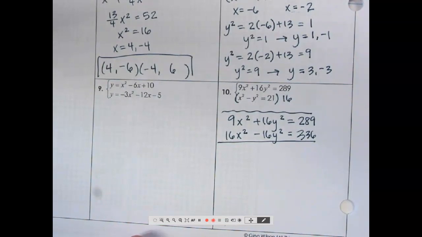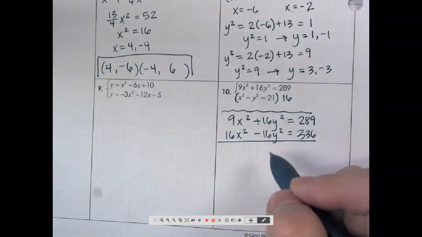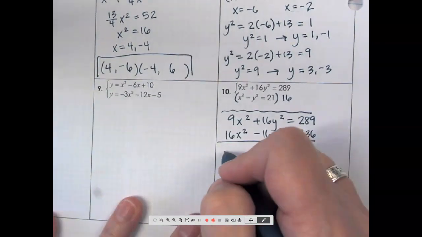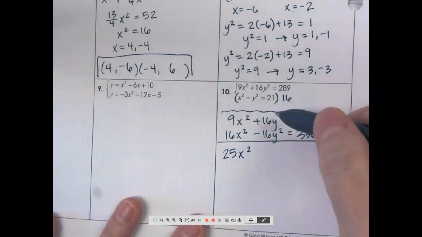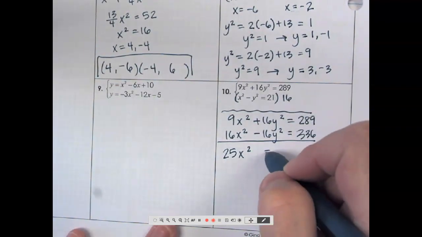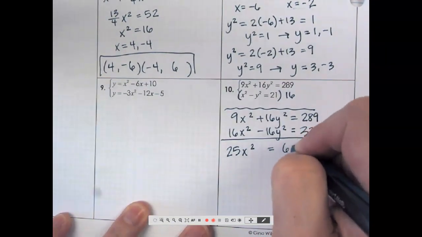I set it up so that I always add. If you have opposite signs, you add. Sometimes people will set it up where you subtract, but I just make more mistakes when I subtract. 25x squared, 16y squared plus negative 16y squared is gone, equals plus 625.